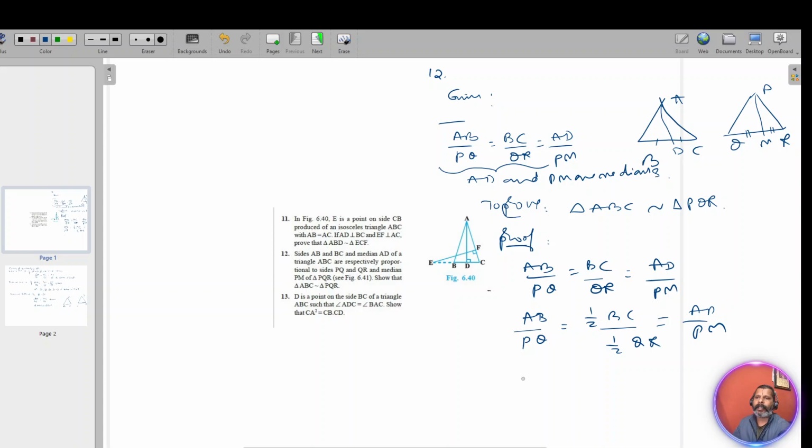Now half BC, I'll say AB by PQ. Half BC, I'll take BD. Half QR, I'll take QM. AD by PM. This is given. So this we call it as 1. So we come back.